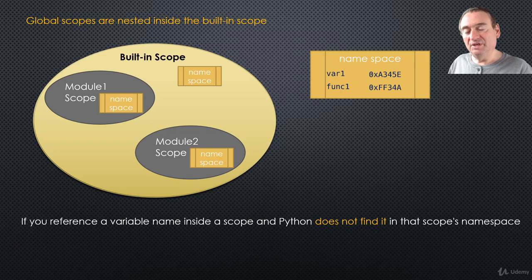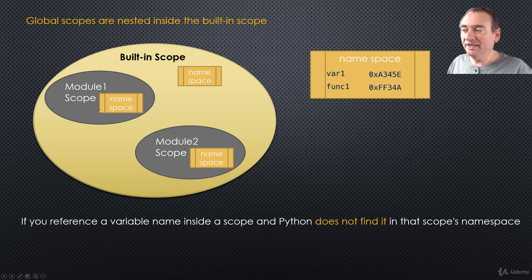So why do we think of it as being nested? Well, because when you ask Python to give you the object that's bound to a label, it needs to go look it up in a namespace, in one of those tables. So where does it look? Well, if your code is sitting inside module 1, it's going to look in the namespace for that module 1 scope. It's going to look in this namespace right here. If it doesn't find that binding, if it doesn't find that label that you're asking for, let's say you're in module 1 and you ask for true, you want to say, you know, a equals true, and it needs to go look for this object called true.